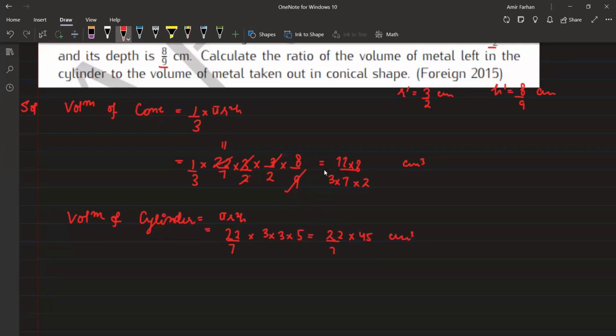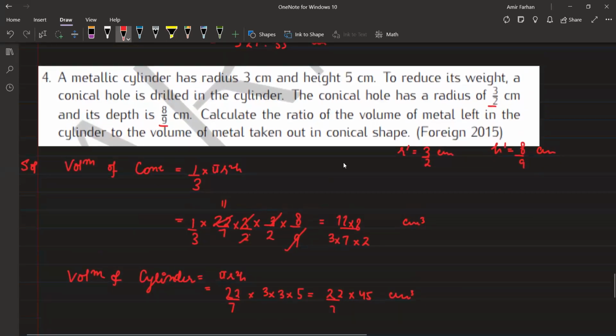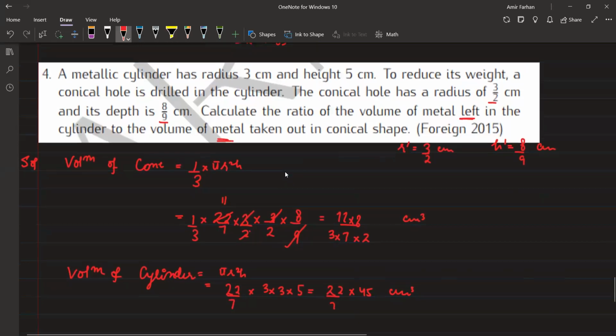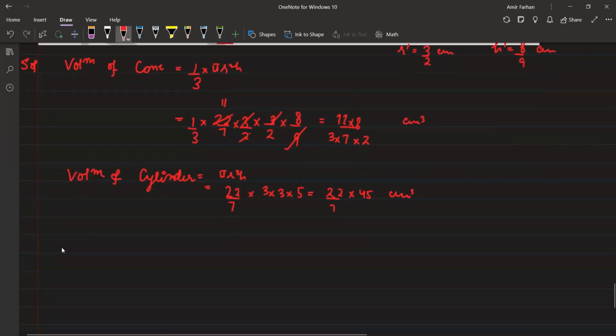So now we have found out the volume of the cylinder, and the question is asking for the volume of metal left in the cylinder to the volume of metal taken out. It means that you have to subtract the volume of cone from the cylinder to get the first quantity, which is the volume left. Yes or no? Volume left of metal, yes or no? Please respond to me.